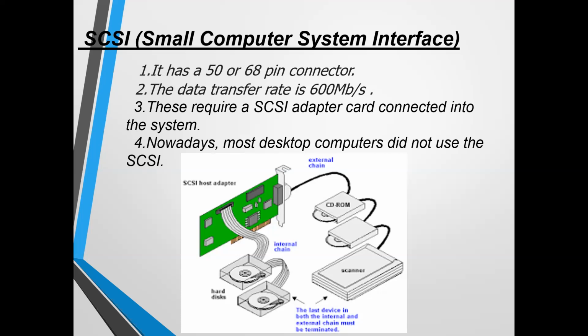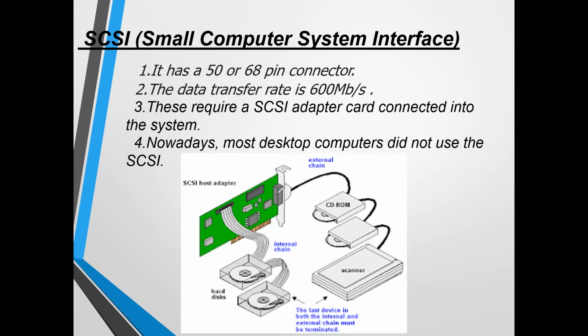So our SCSI, the Small Computer System Interface, has more pins than all the others, 50 to 68 pin connectors. Its transfer rate is very high, 600 megabits per second. They require an adapter, a SCSI adapter card, to be connected to a system. Look at the adapter here.